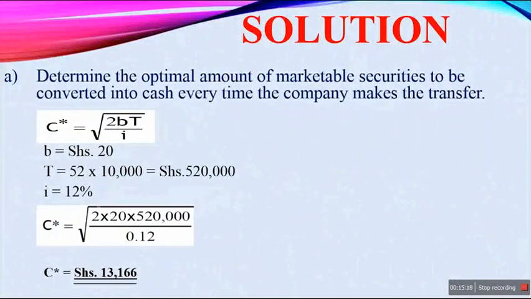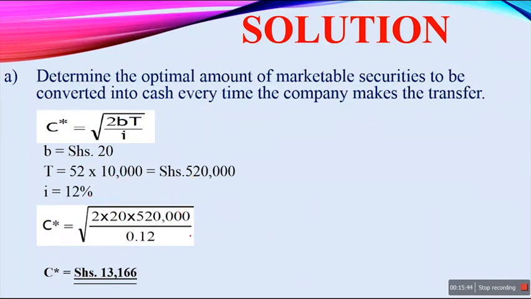So when you replace these in the formula, we have 2 multiplied by 20, which is our B, multiplied by 520,000, which is our T, divided by I, which is 12% or 0.12.